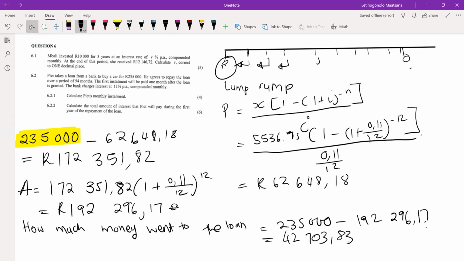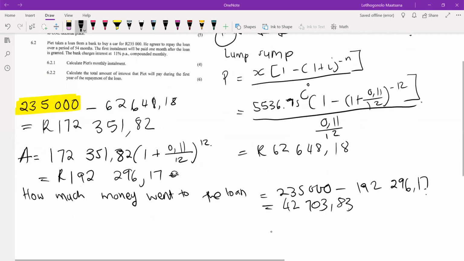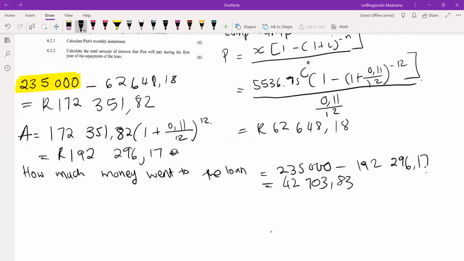Okay, understand that. And how much has he paid in total? The first part was just for pretense, so we can understand why they did what they did. But in reality, he's been paying those 5,536.95 every month. So how much has he paid in total?